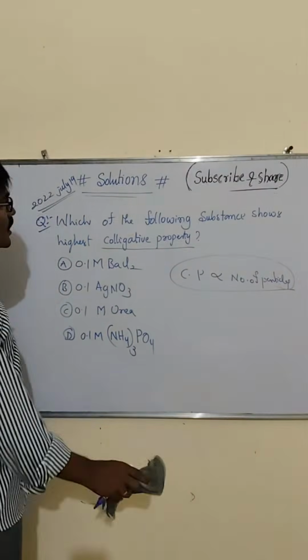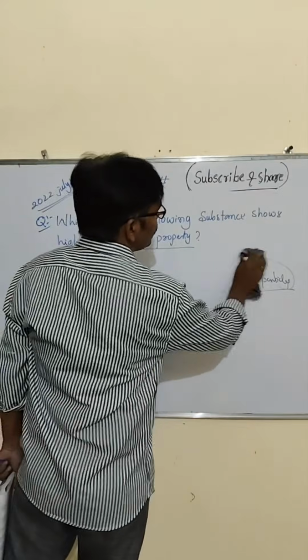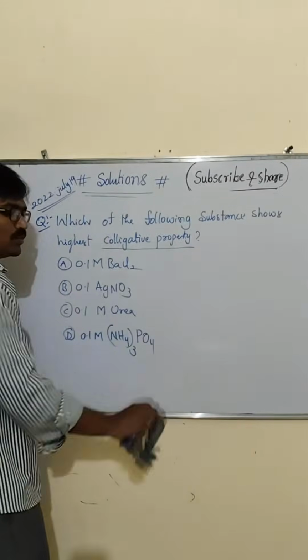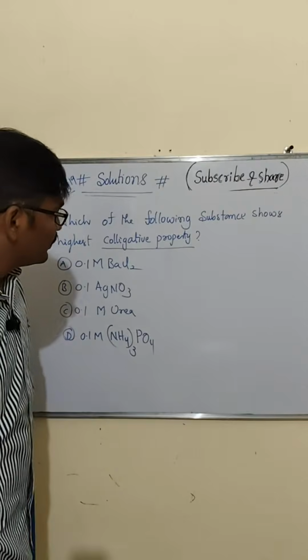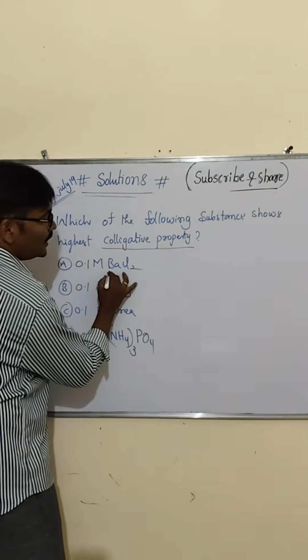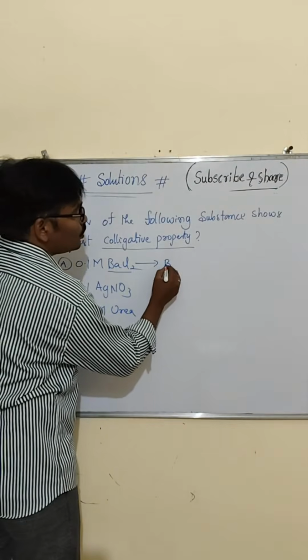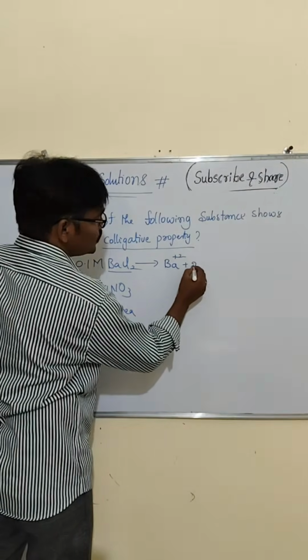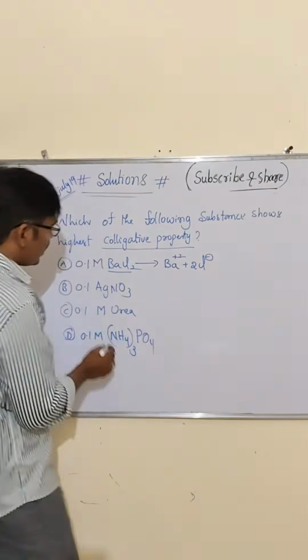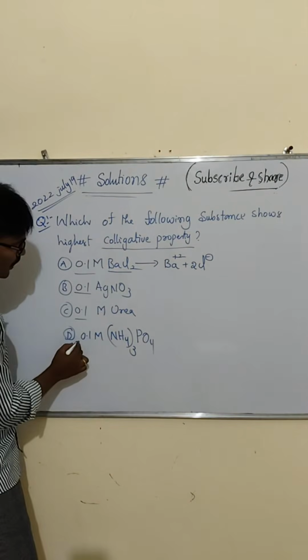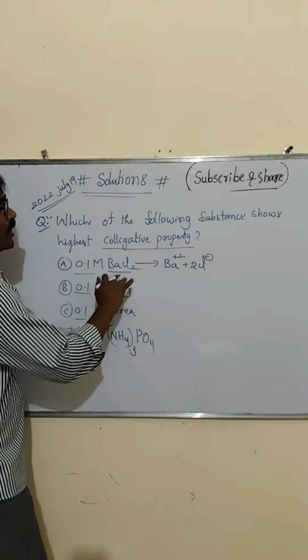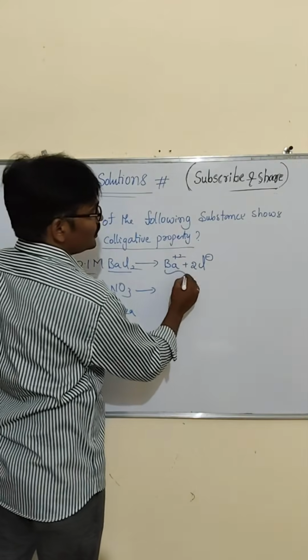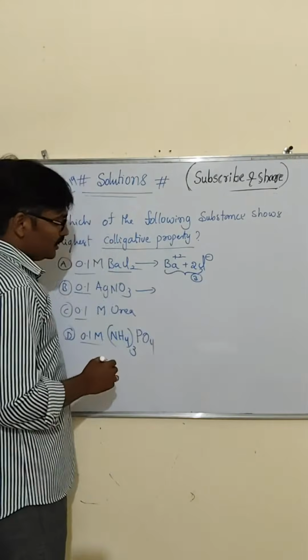They are not asking about one specific colligative property, just whichever colligative property is highest. So BaCl2 dissociates into how many particles? Ba2+ plus 2Cl-. The concentration is the same for all, 0.1 molarity, but it depends upon the particles here. There are 3 particles in total.